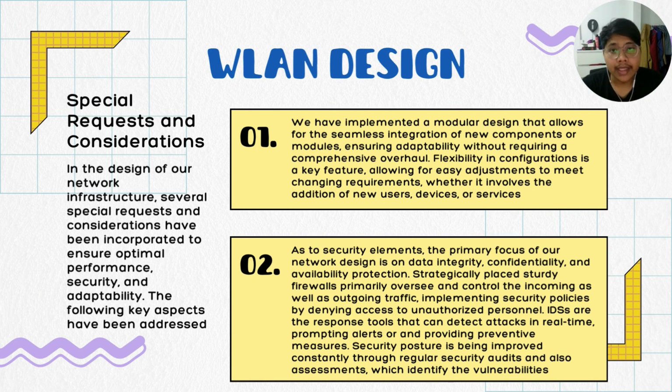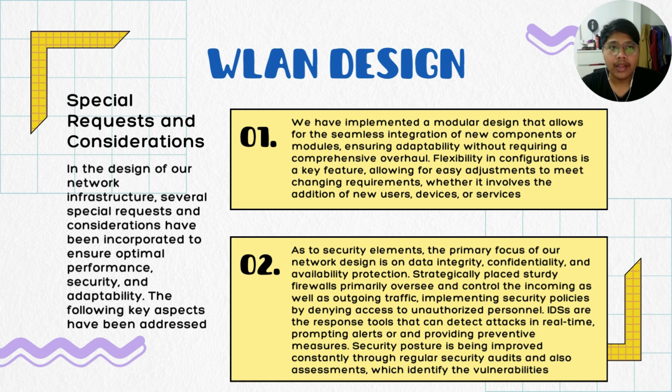The second one is the security element. The primary purpose of our network design is data integrity, confidentiality, and vulnerability protection. Strategically placed firewalls primarily oversee and control incoming as well as outgoing traffic, implementing security policy by denying access to unauthorized personnel.